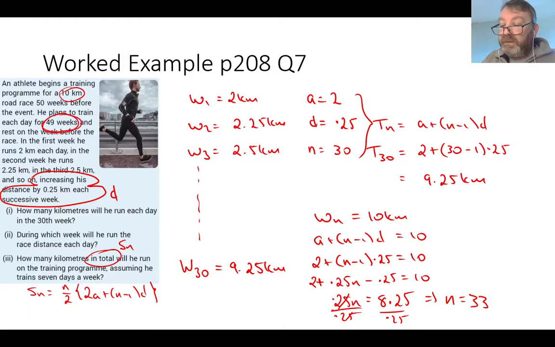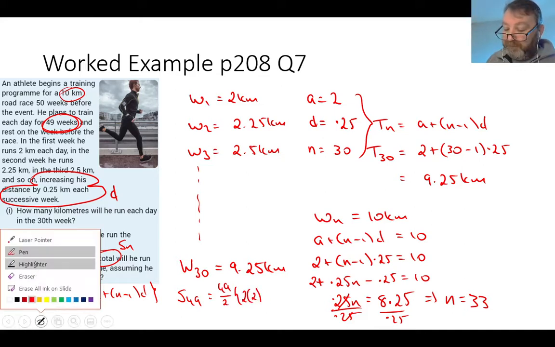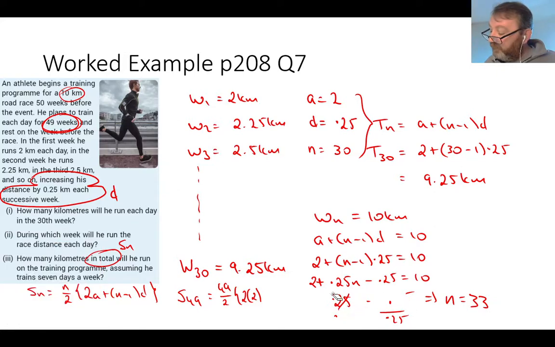See that? So it says there, an athlete begins a training program for a 10-kilometer road race 50 weeks before the event. But he plans to train each day for 49 weeks and rest the week before. So I'm looking for S of 49, which is equal to 49 over 2 by 2 times the first term, 2 times 2. I'm going to get rid of some of this, unfortunately. So let me take some of this out here.